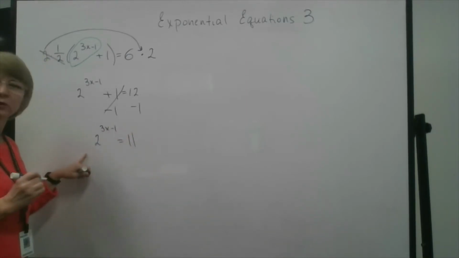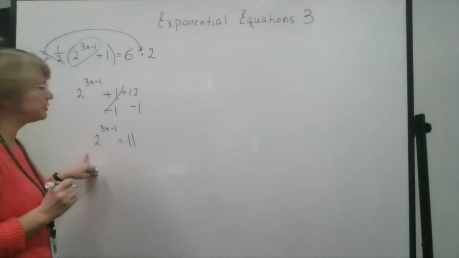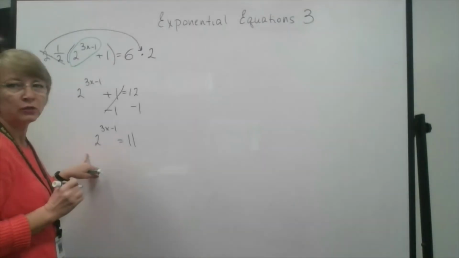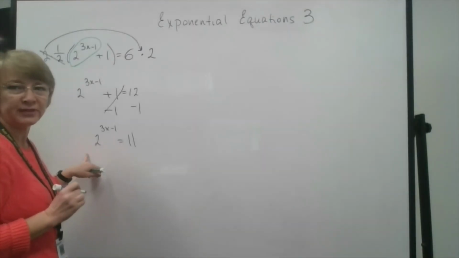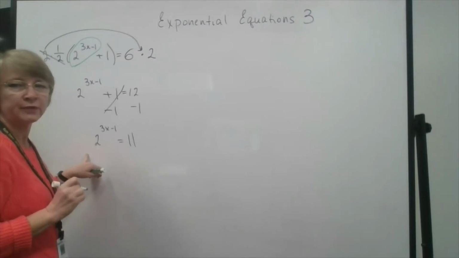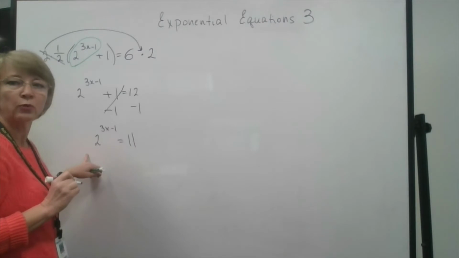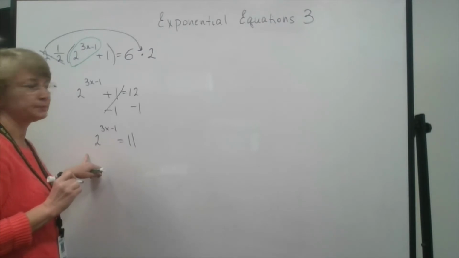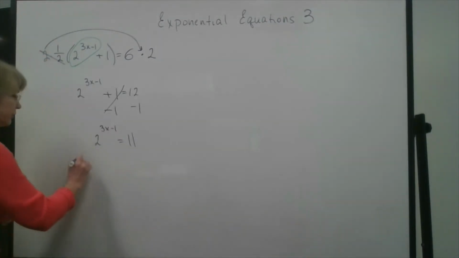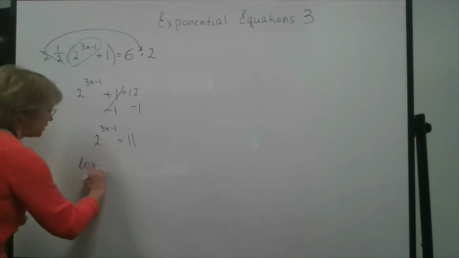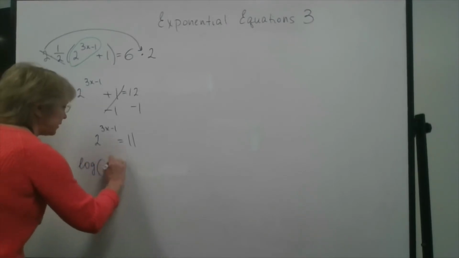At this point, you should know how to solve this kind of equation. So I recommend you pause the video, try to solve this equation on your own, and then check your work with my work. What I will do, I will use a logarithm on both sides.